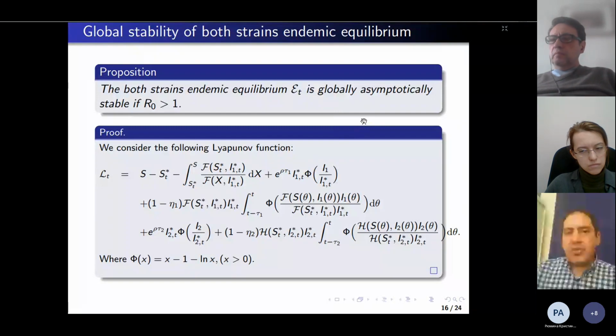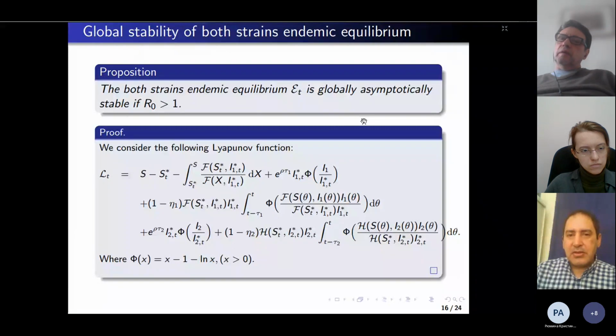The stochastic basic reproduction number? Yes, it's calculated. We calculate this depending on the parameters. And it gives the value larger than 1, right? Yes.